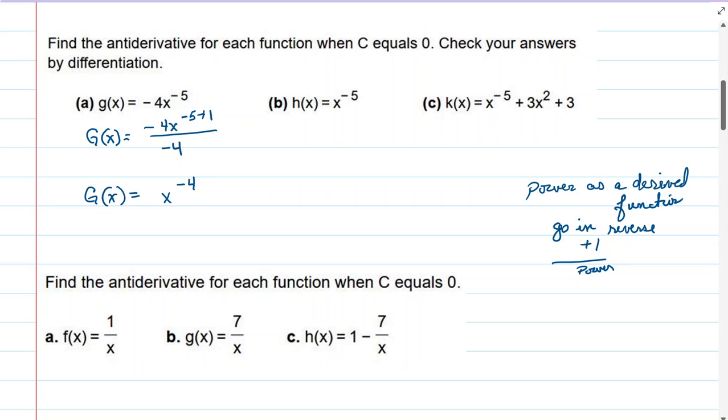So our general function that we started with is x to the negative 4. And we could elegantly write it as this, but this is good enough. Questions?